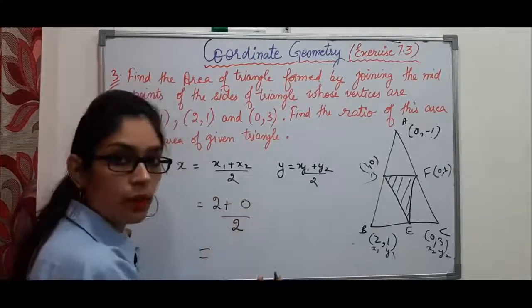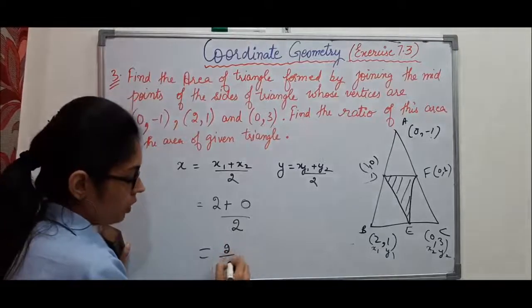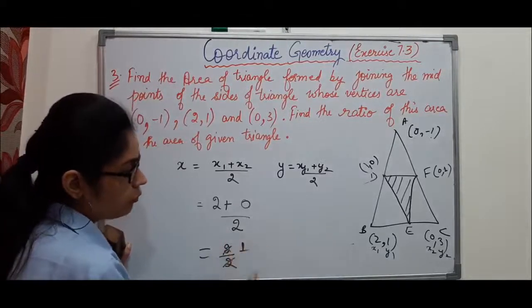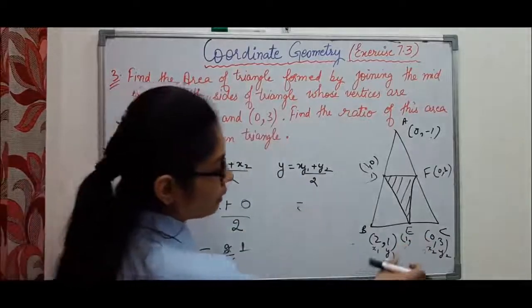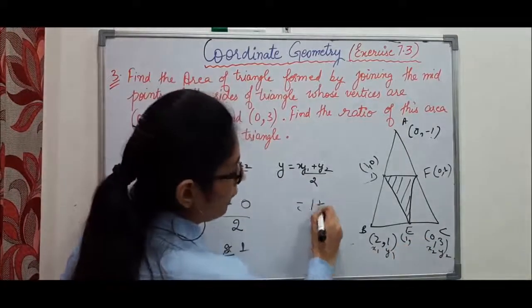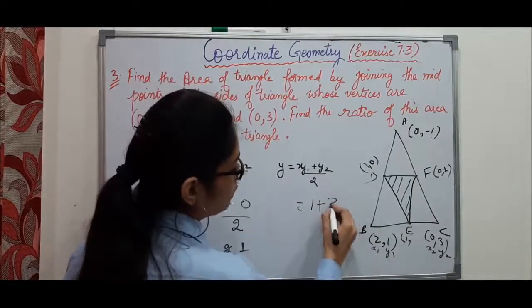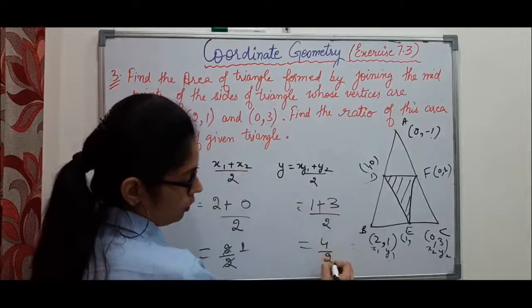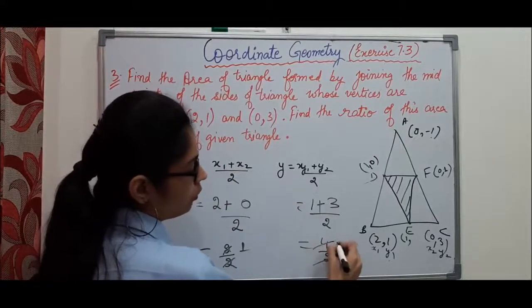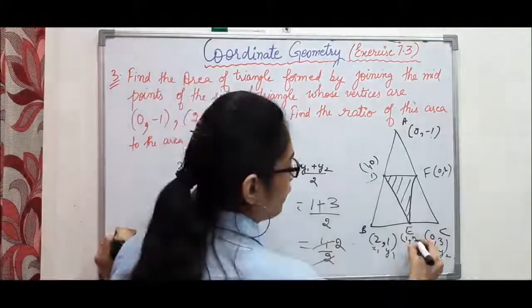So 2 plus 0 it will be 2 upon 2. So it will give me 1. So x coordinate of point E is 1. Let's find the y coordinate. 1 plus y1 is 1 plus 3 upon 2. So 1 plus 3 it is 4, 4 upon 2, 2 into 2 is 4. So 1 and 2.